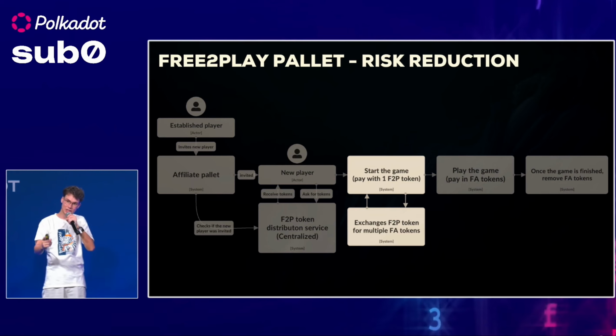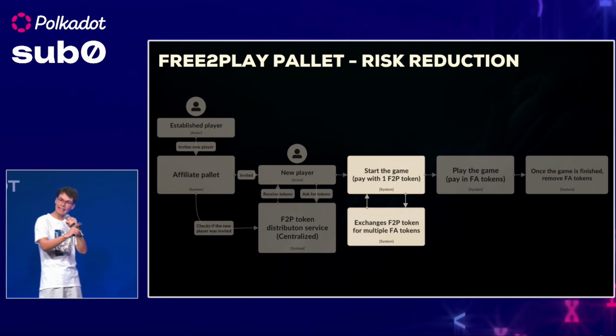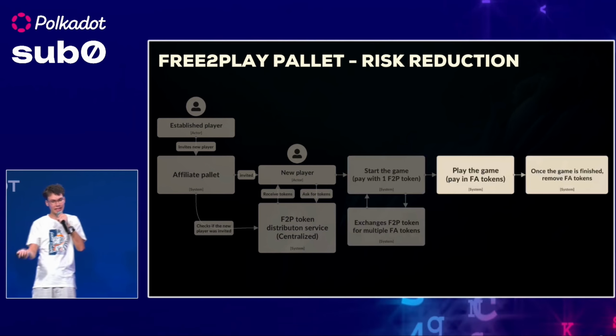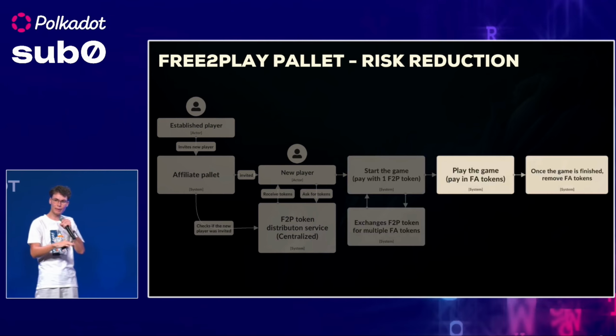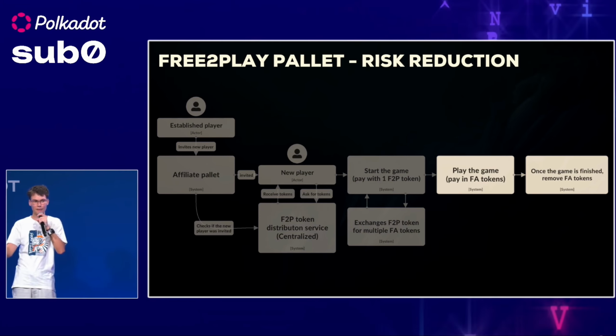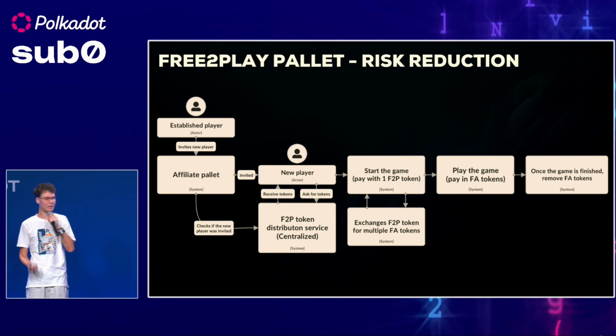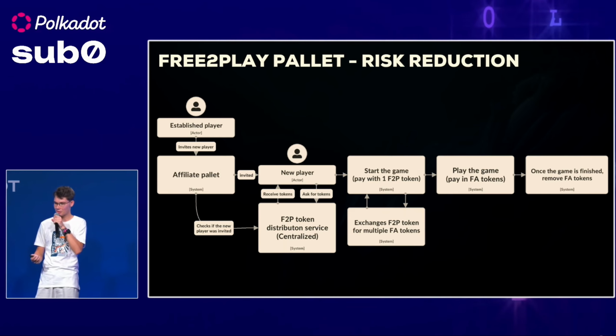And in exchange for starting the game, they will get the free action tokens to play the game. And then they can play, and once the game finishes, we can remove all of their extra free action tokens that are left. Okay, so this is how it looks.